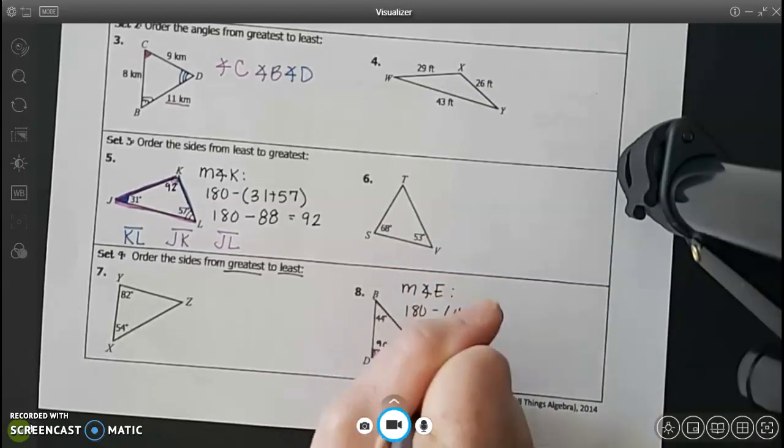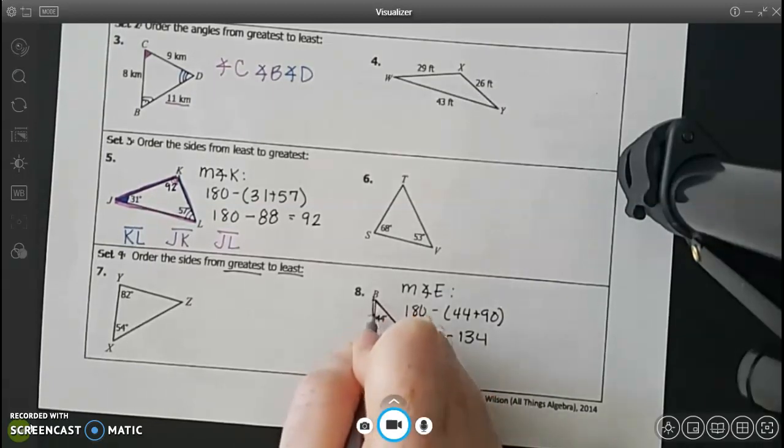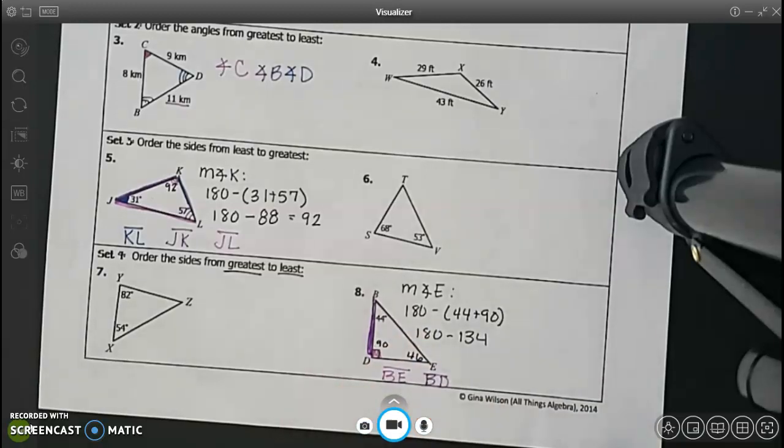So my next largest side is BD, because that is the side opposite of 46. And then my smallest side is opposite my smallest angle, which is DE. Okay, and that is the sides from greatest to least, my largest side to my smallest side.